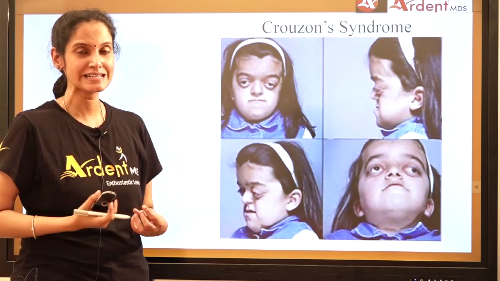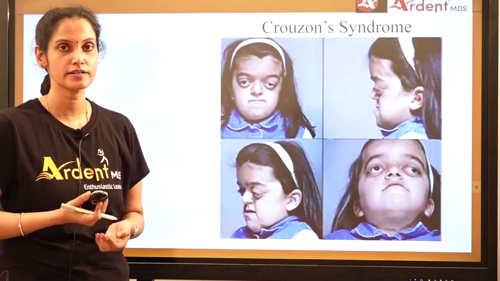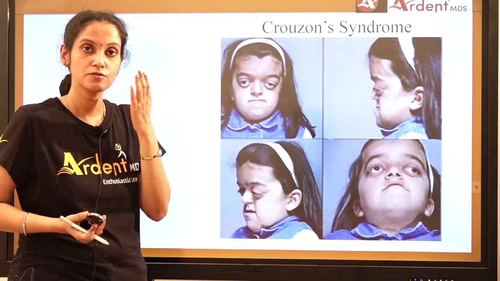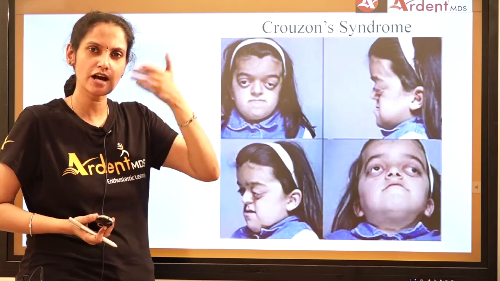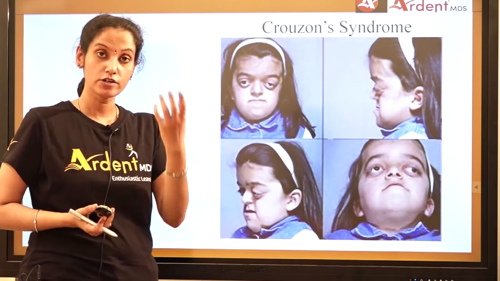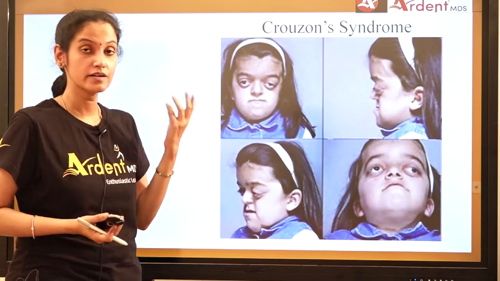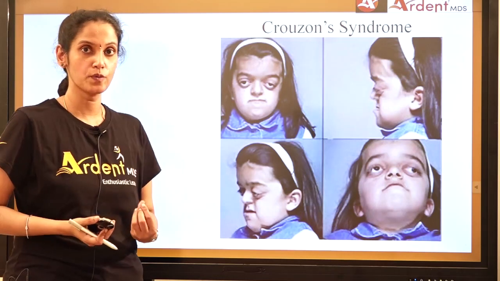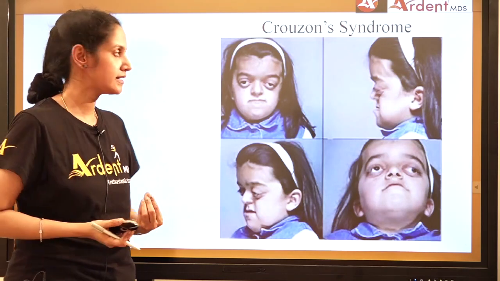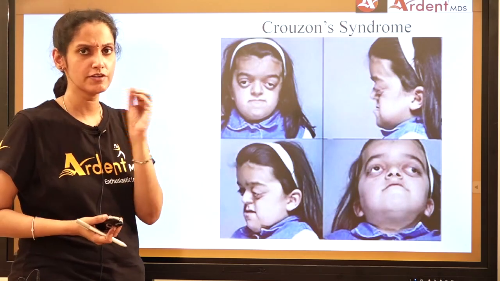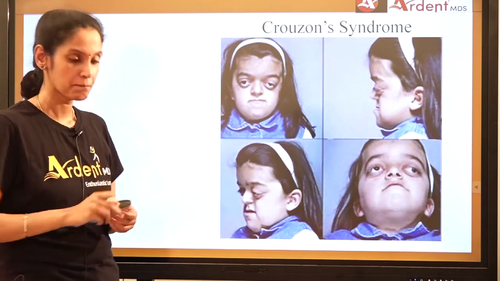The term used is cloverleaf skull deformity. Not just the skull, the orbit is also shallow, so obviously the eyeball will come out. Ocular proptosis, hearing deficit, visual disturbance, maxillary hypoplasia, V-shaped palate. All these are features of Crouzon syndrome. You will even find lateral swellings within the palate.